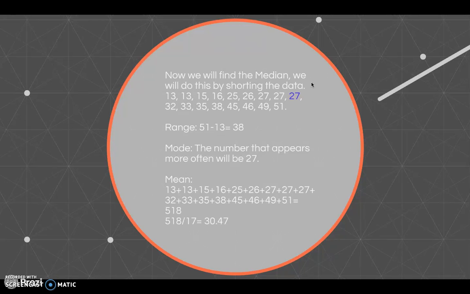The mode is the number that appears the most, and in this case it will be the 27. The mean, we'll find it by adding all the numbers together and then dividing it by how many there are. Here our total is 518, and then we have to divide it by 17, which will equal 30.47.